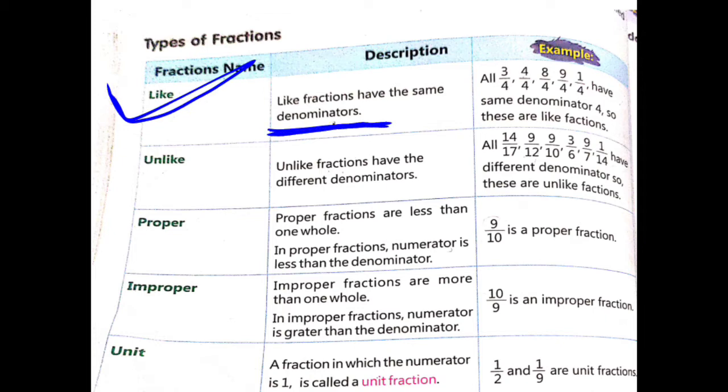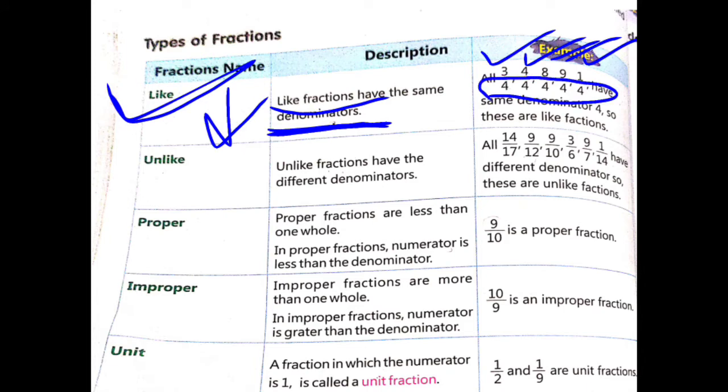Denominator, the downside portion of the particular fraction, have the same. Then we can say that is a like fraction. Like we are going to watch some examples like 3 upon 4, 4 upon 4, 9 by 4, 1 by 4. Then you can say all have the denominator 4. Okay, so that's why it is a like fraction.